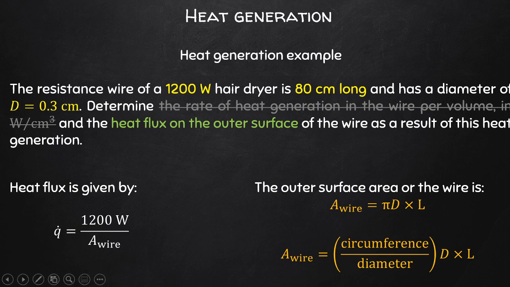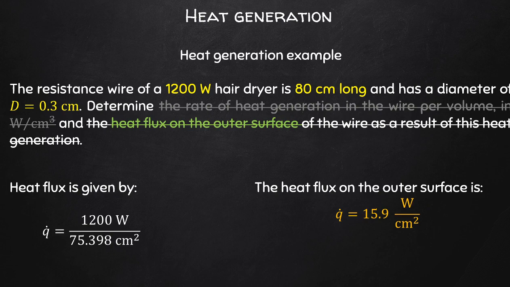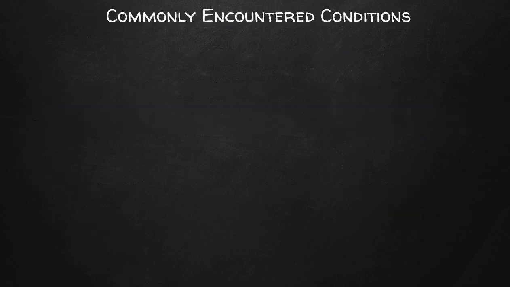Right. We also know that the area, as we've calculated it to be, is 75.4 centimeters squared, and we can therefore calculate the heat flux, which is 15.9 watt per centimeter squared.